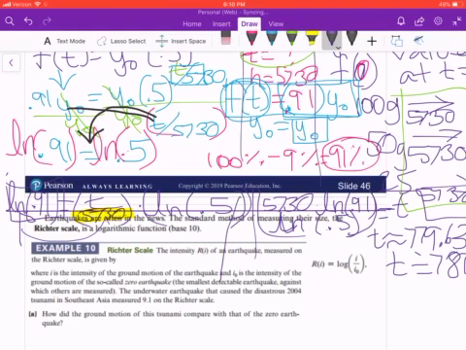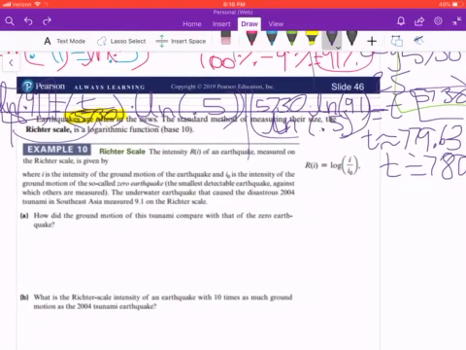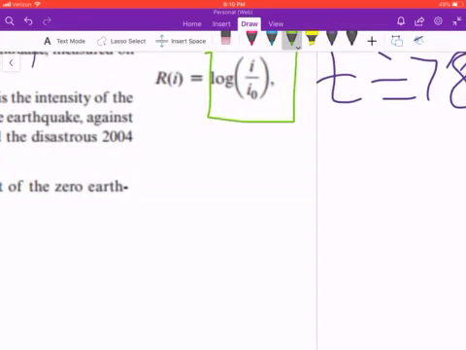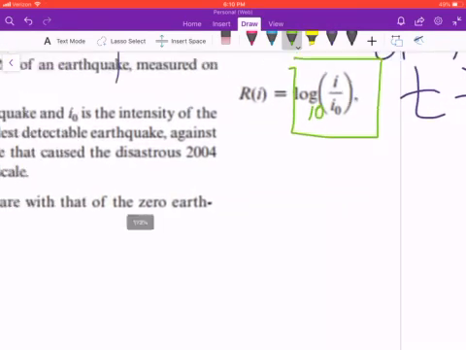So, last problem of this section. Another application of logarithmic functions is the Richter scale used to measure the intensity of an earthquake. So the scale uses logarithm base 10. Remember, if you do not see the number, you assume right away that it is a 10.